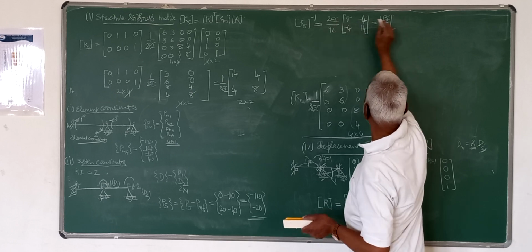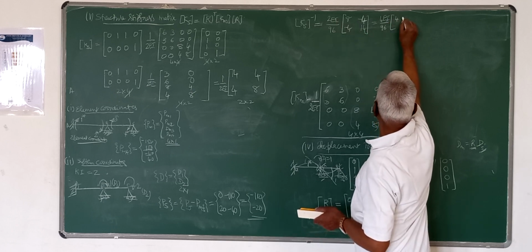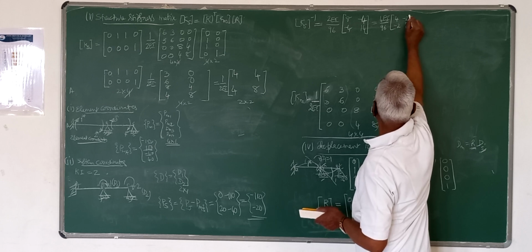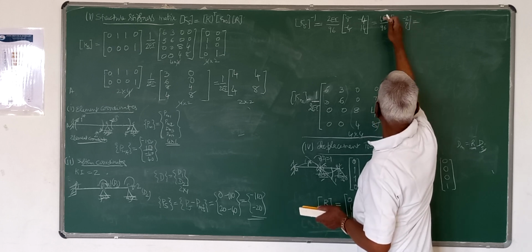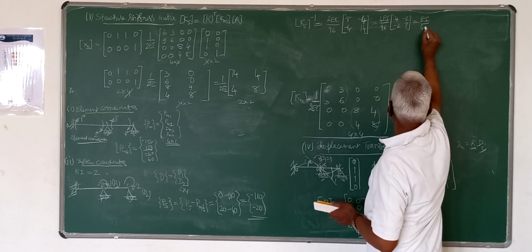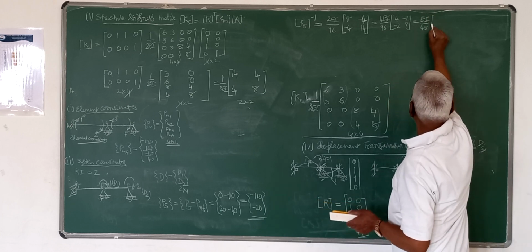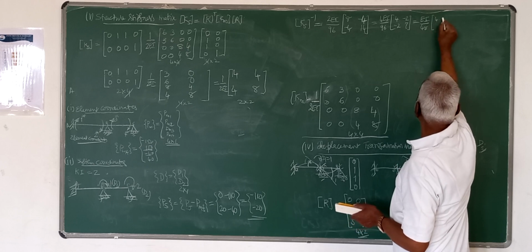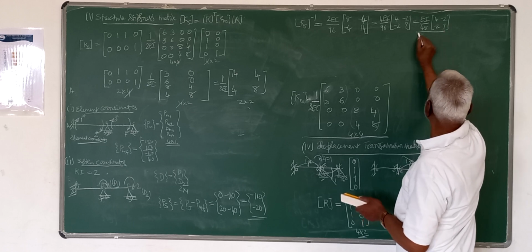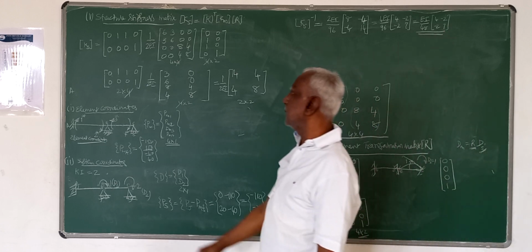So if I take 2 outside, I get here 4, minus 2, 7. Or this is equal to EI by 48 into 4, minus 2, minus 2, 7. That is the inverse of this matrix.